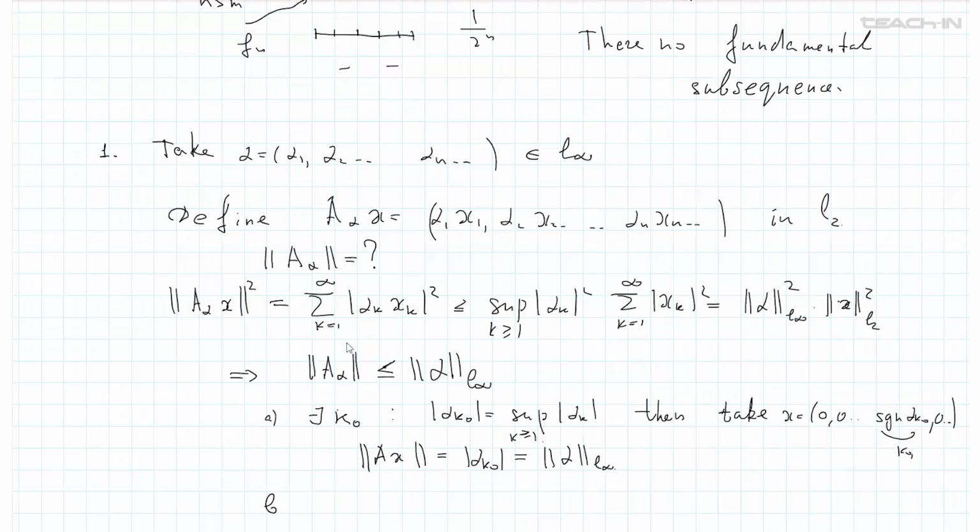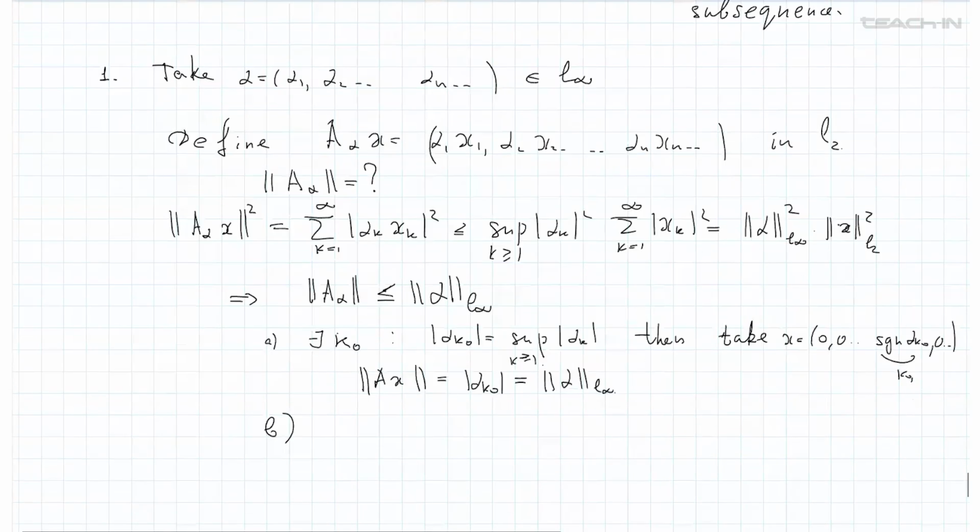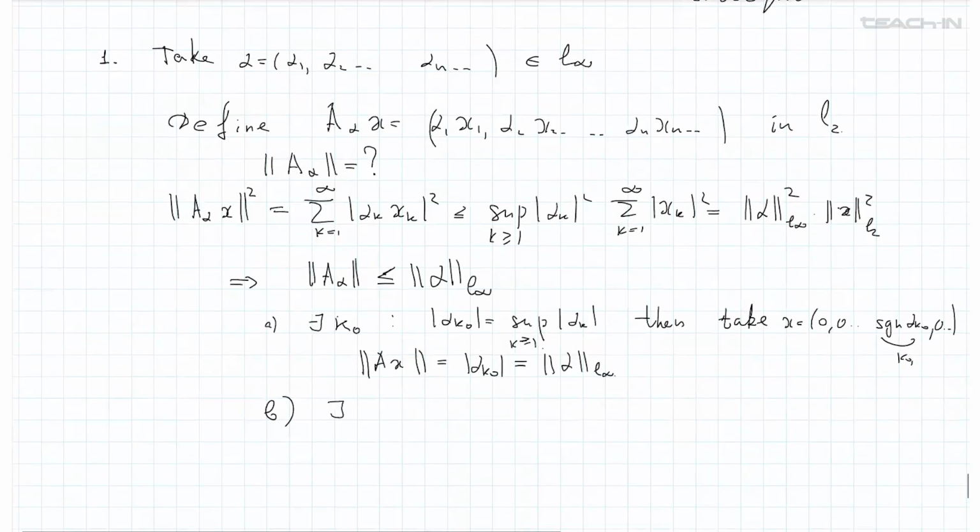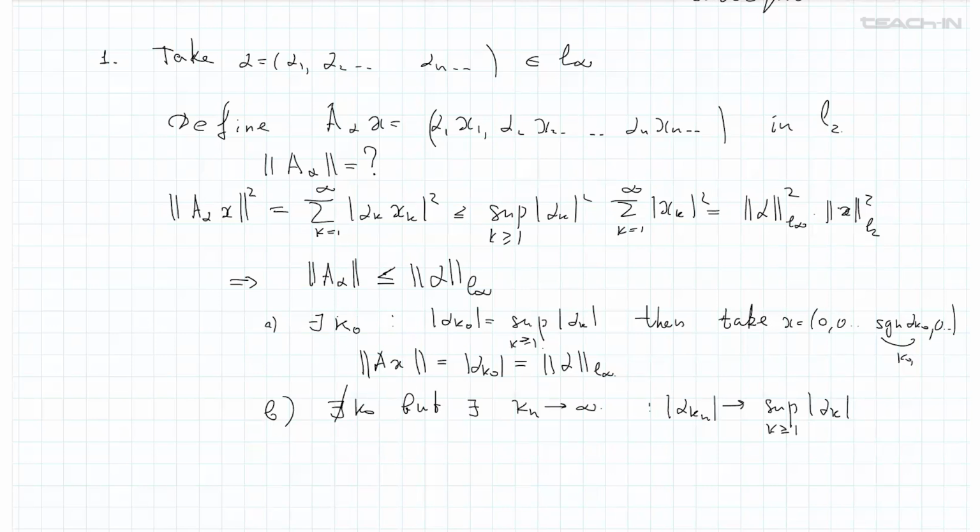And the second situation: there is no such index, it doesn't exist, but there exists a sequence kn, which tends to infinity, such that the absolute values of alpha kn tend to this supremum. By definition of supremum, such a subsequence exists.